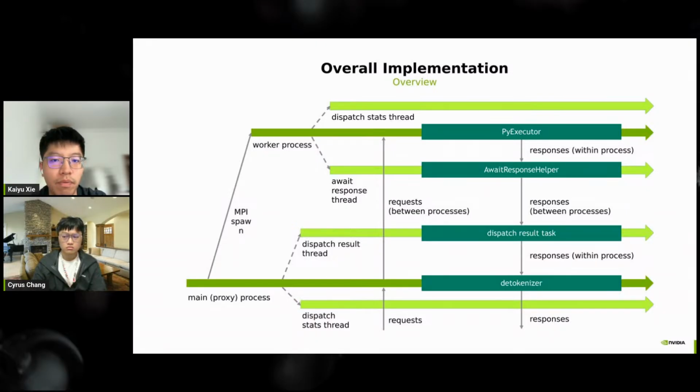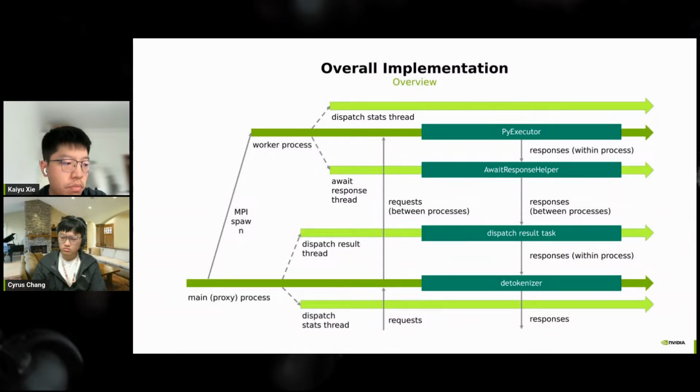And in the case when the user is enabling the detokenizer, it will give the responses to the detokenizer, and the detokenizer is going to do its work, converting the token IDs to strings, and afterwards the main process will also create the final responses.